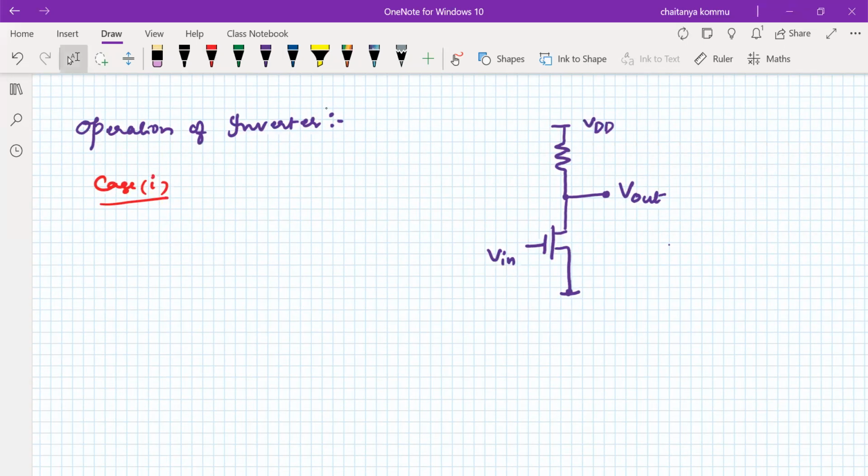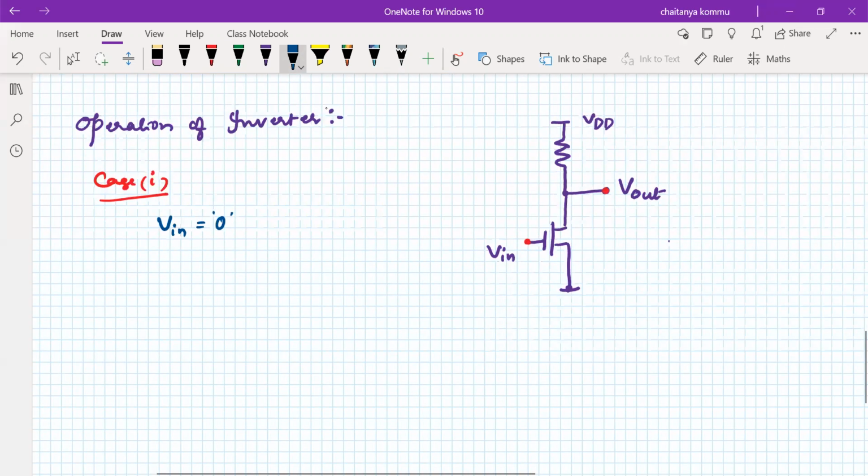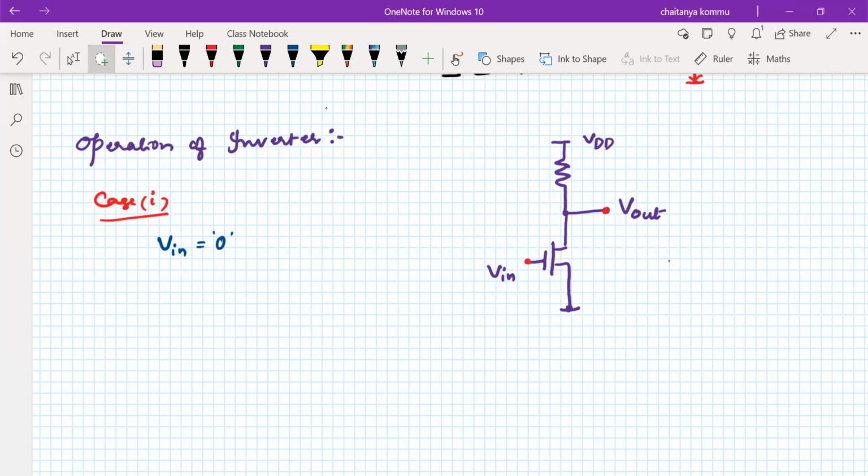Now we have the possibility of applying the input at VAN, and then we take the output at this point. So let us apply VAN equal to logic 0. Then what will happen here?